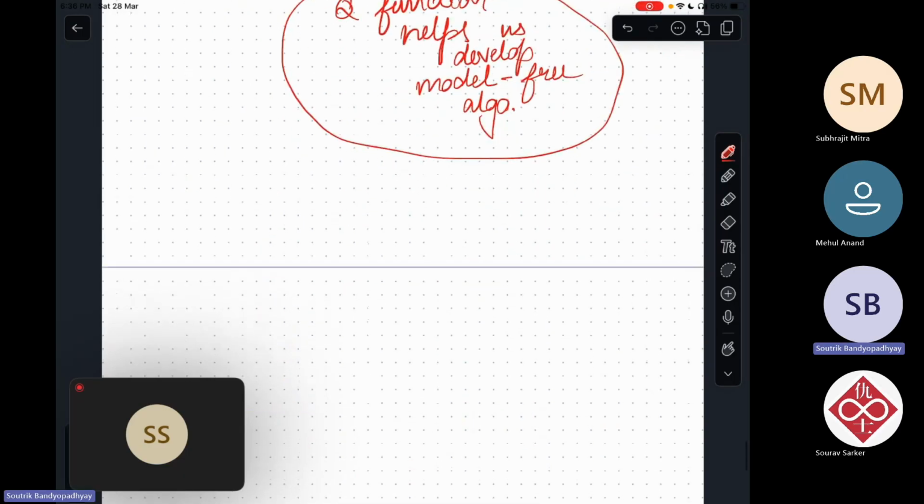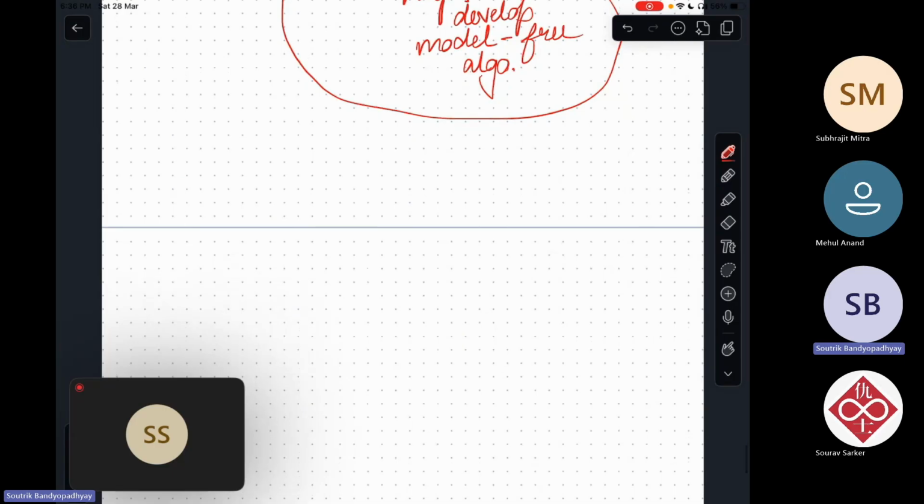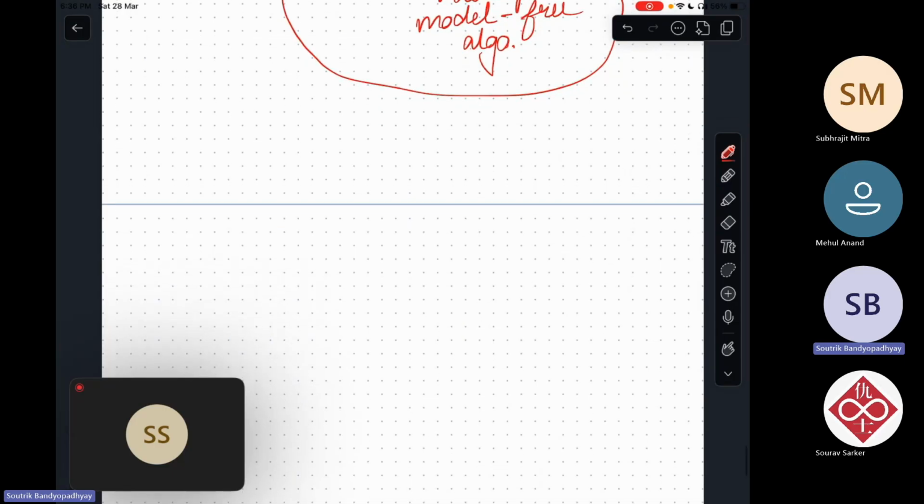So let me do an example, and then we can straight away go to the code and see how we can learn to balance, let's say, a cart pole system without having to know the system dynamics at all.